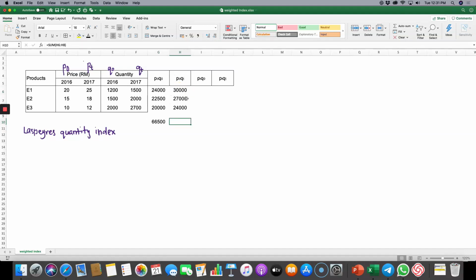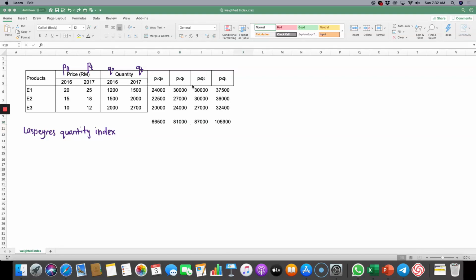Once you have found this information, do not forget to find the summation for P now times QT. Here are the values for P now times QT. Proceed to the next columns, PT times Q now and PT times QT. Here are the calculations that I have done for PT times Q now and PT times QT.